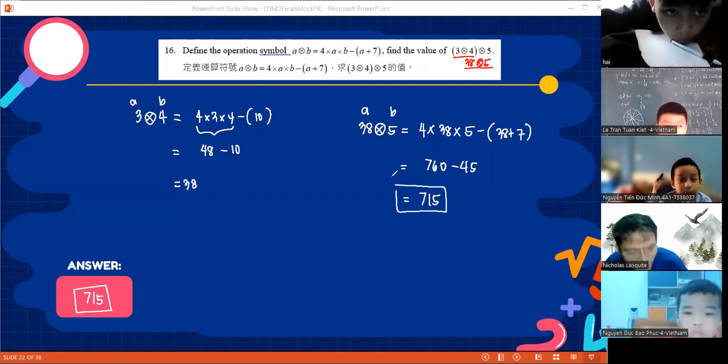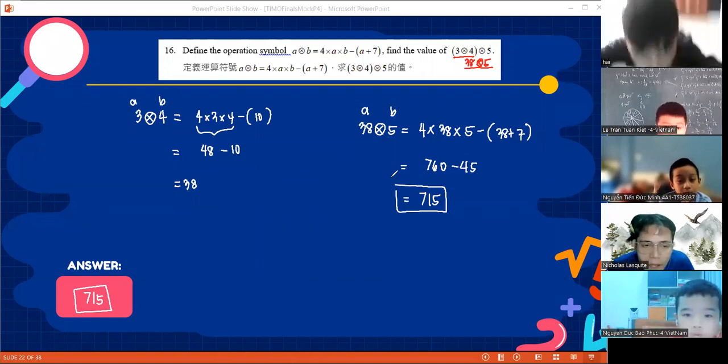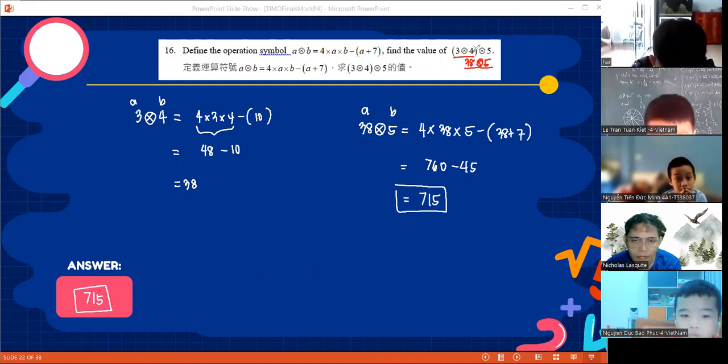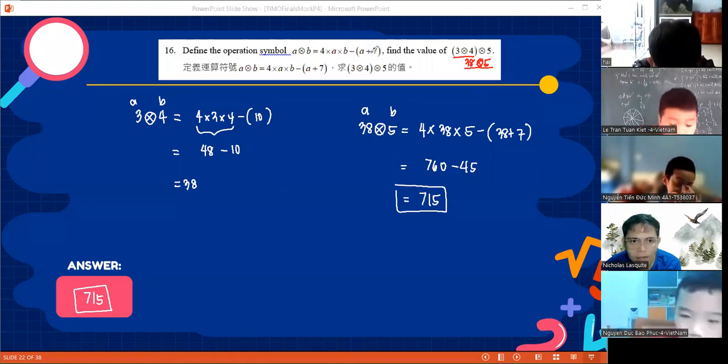Okay. So very simple. I did it step by step. Hopefully you're able to follow. Again, start with those in the parentheses first. So 3 operation 4. Then use the defined operation symbol. Just keep on repeating this. This is 4 times A times B minus A plus 7, right?